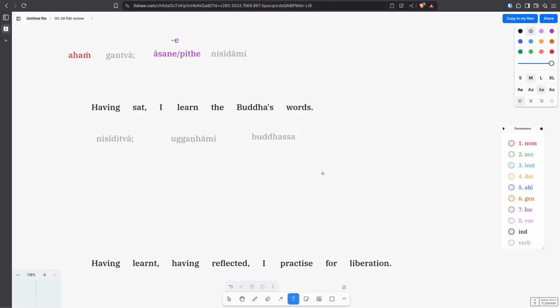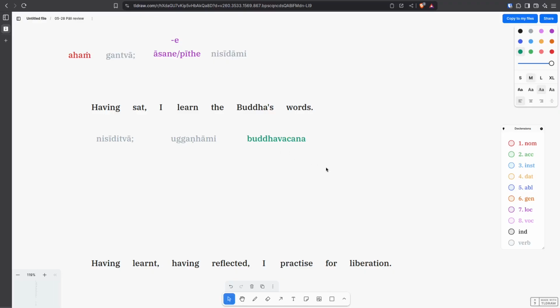You could put it like that, Buddhassa, and then words are vacana. But there's a common compound here to refer to the Buddha's words, which you recognize as Buddhavacana. And so uggaṇhāmi, right? We have to put this in the plural accusative.